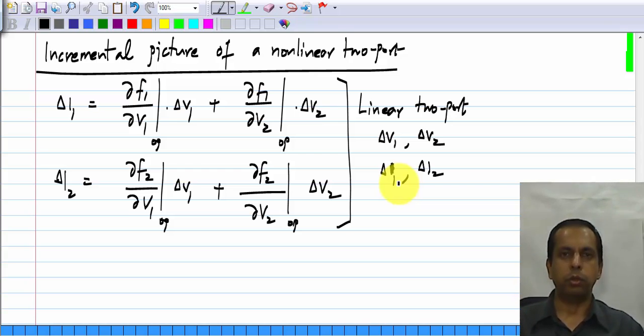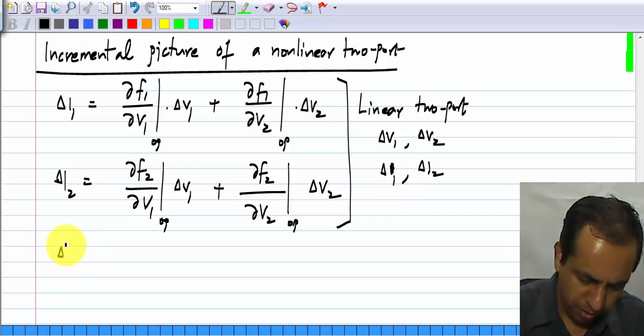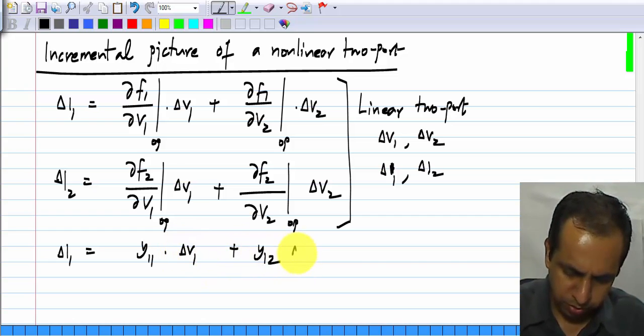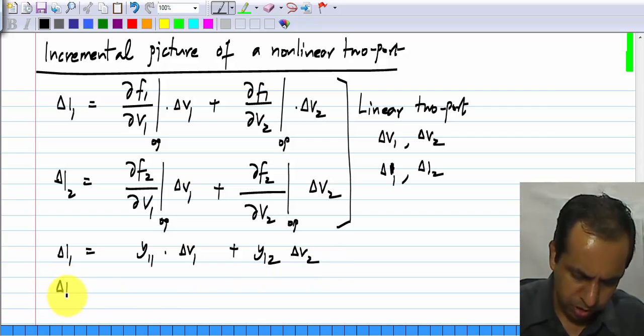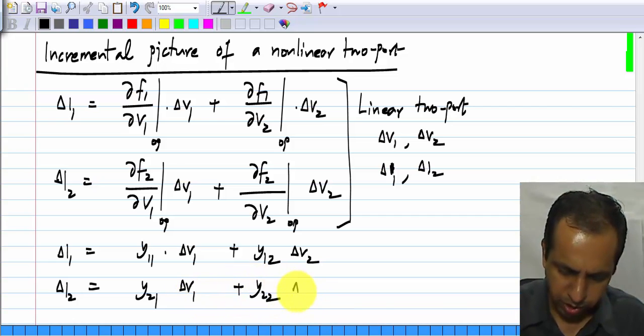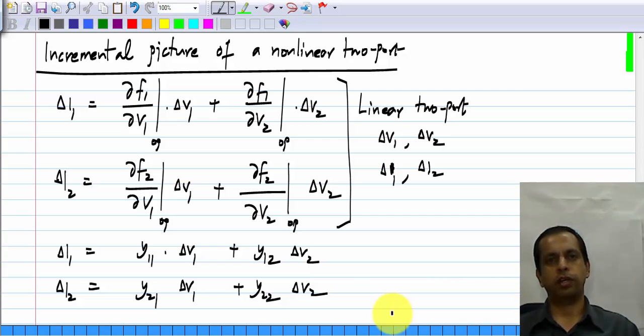And when you talk about linear two ports, these would have been expressed as Y11 delta V1, Y12 delta V2, and delta I2 is Y21 delta V1 plus Y22 times delta V2. So, when you have voltages as independent variables and currents as dependent variables, the set of parameters that relate them is known as Y parameters.